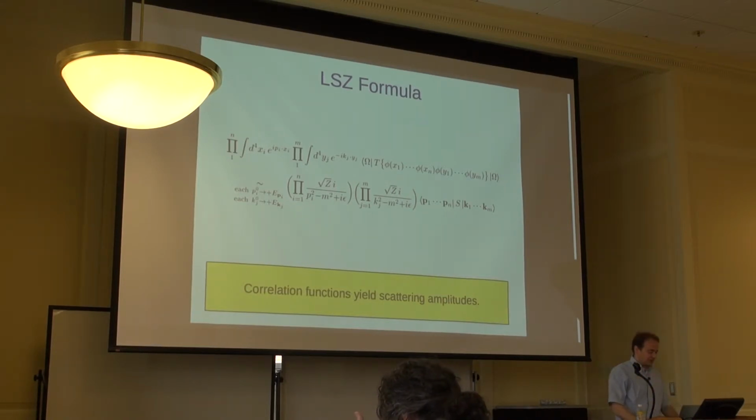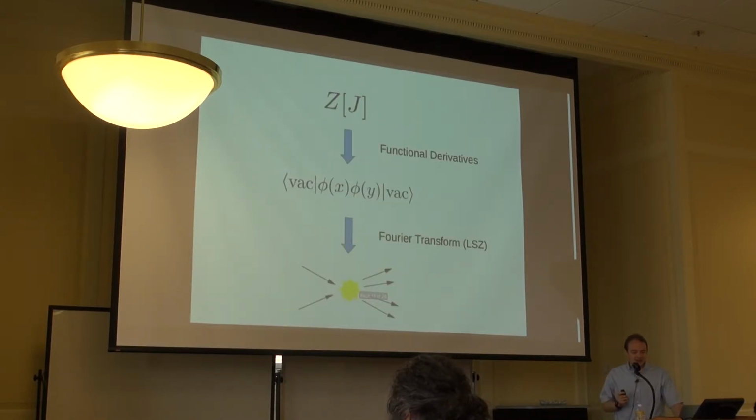So correlation functions yield scattering amplitudes. The partition function is like a master key that gives you everything else. From the partition function, you can take functional derivatives and get correlation functions, and from the correlation functions, you can take Fourier transforms, essentially, and get scattering amplitudes.